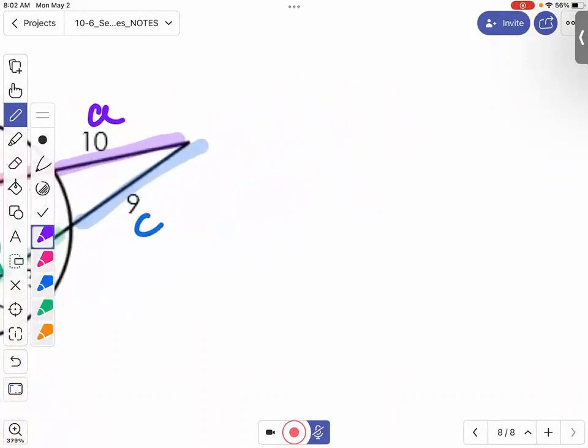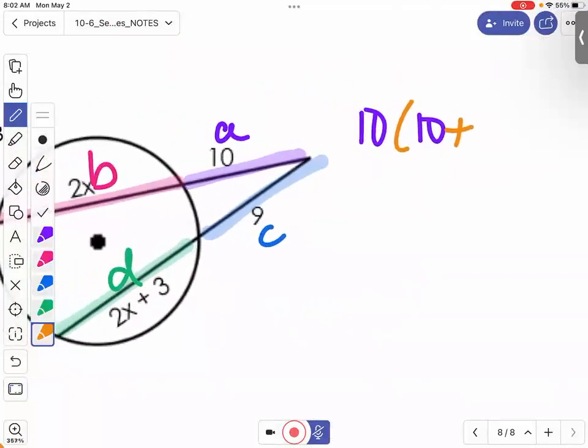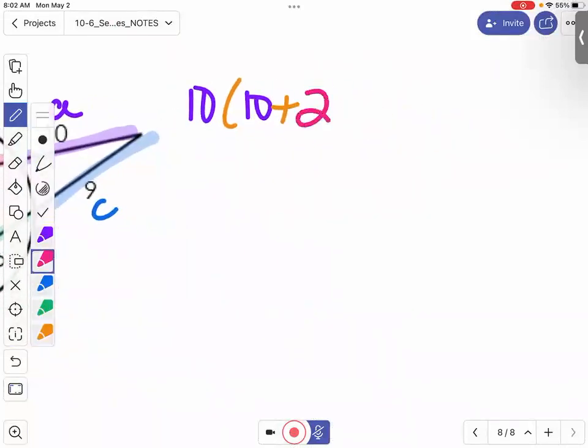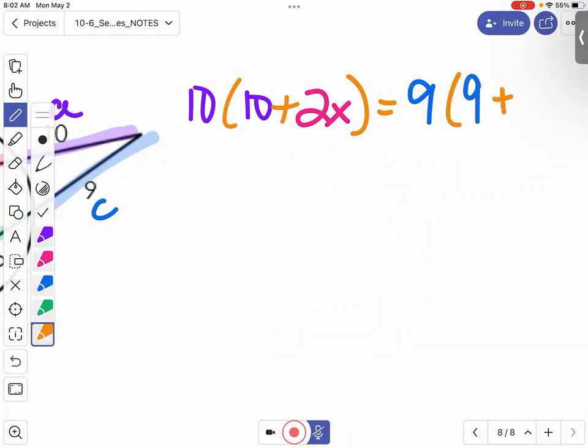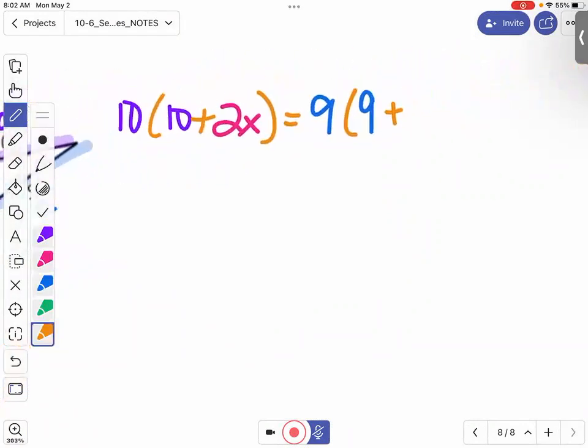So the formula says to start with the outside piece. So that is my 10 times, and then we add the parts up. So 10 plus 2X is equal to, now we do the same thing to C and D. So 9 times 9 plus 2X plus 3.